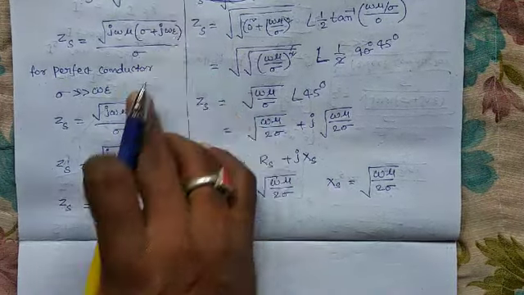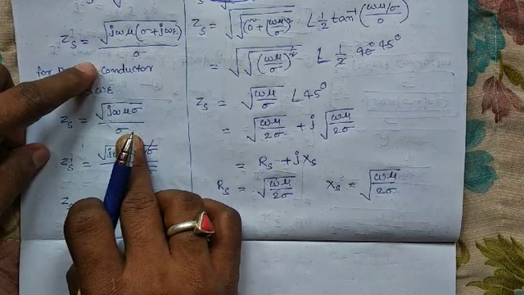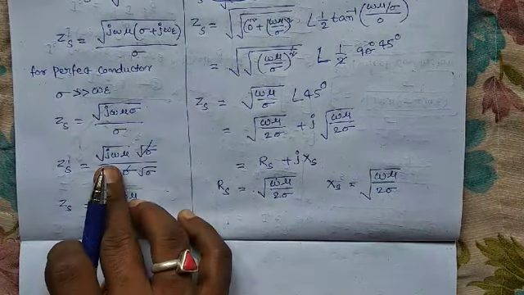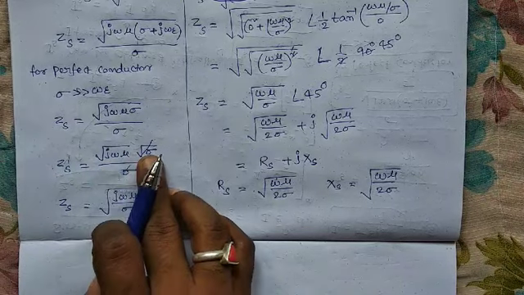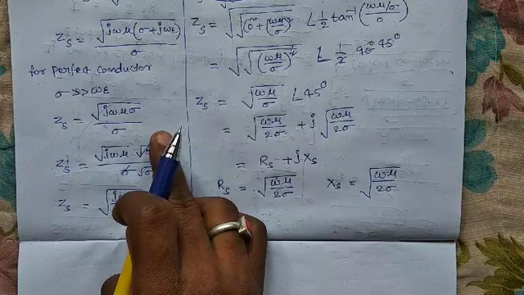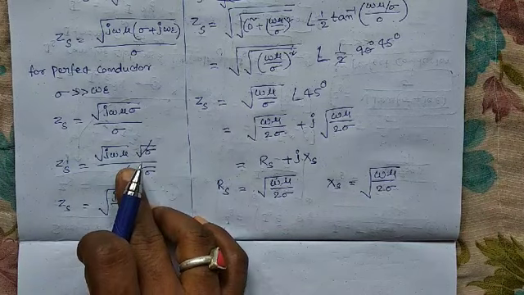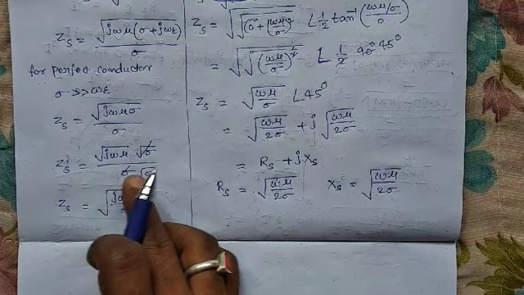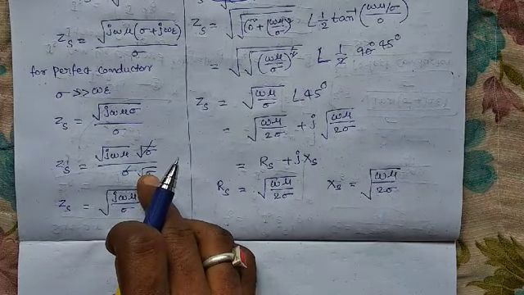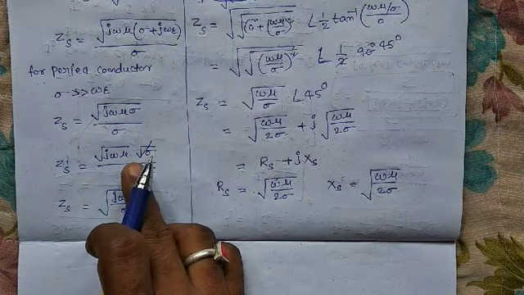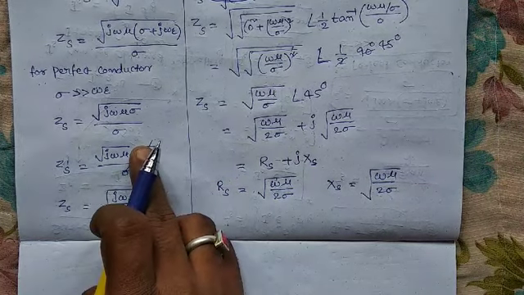Zs becomes the square root of j omega mu sigma by sigma. Here we are separating the root: square root of j omega mu into root sigma, divided by sigma. Root sigma times root sigma is sigma, so we cancel this term by using root sigma.